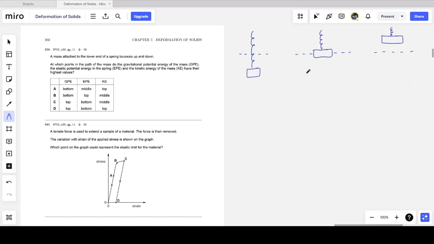And what we can see here is that initially, in my first position, I have the maximum extension. What this means is at this point, I have the highest elastic potential energy, because that's the most that the spring will extend in this motion. The mass then bounces upward, and when it passes through the central point of its oscillation, there's no extension, and it has the highest speed.